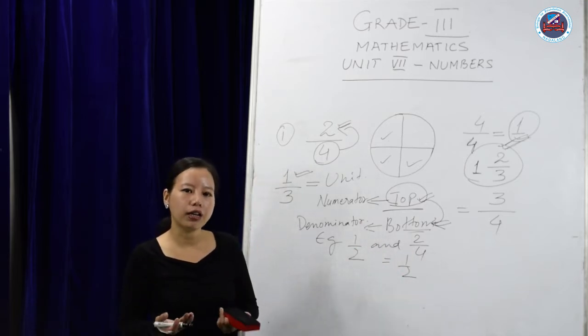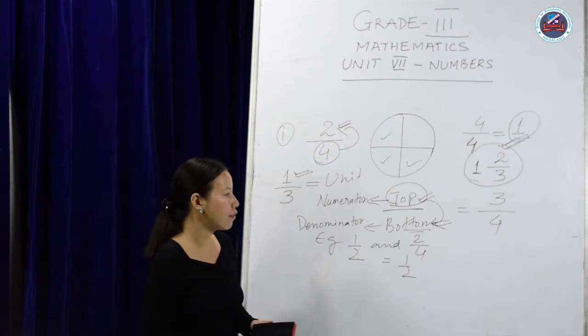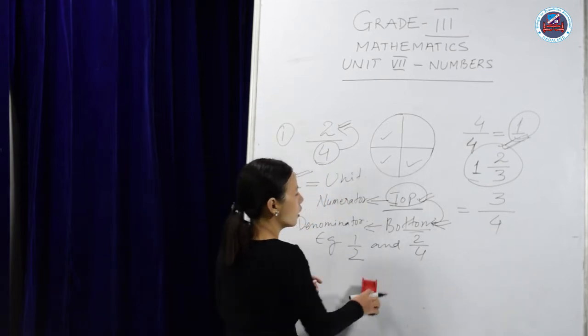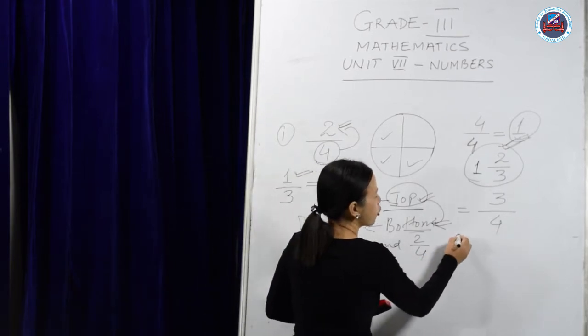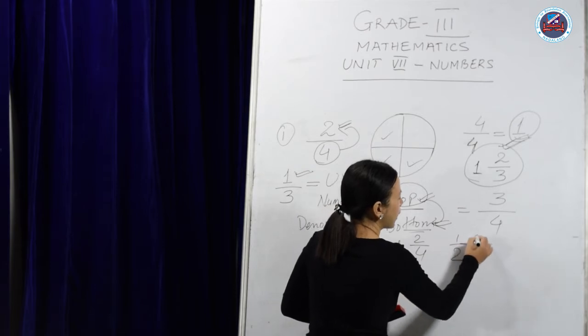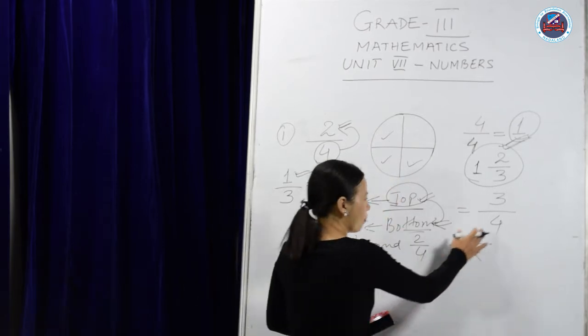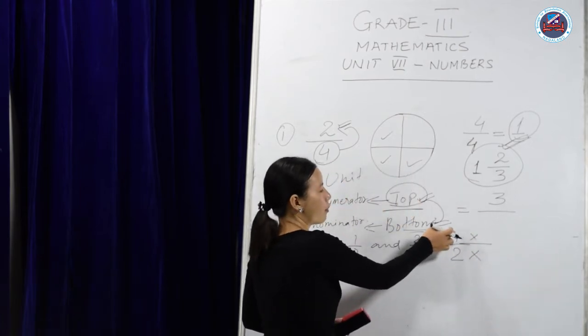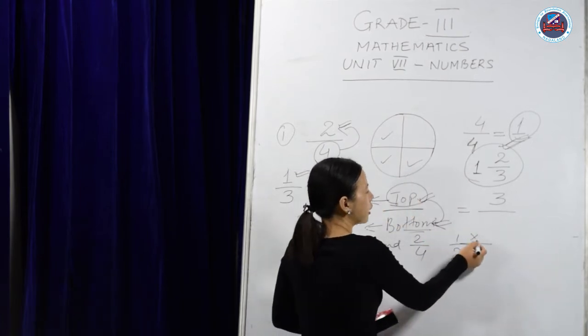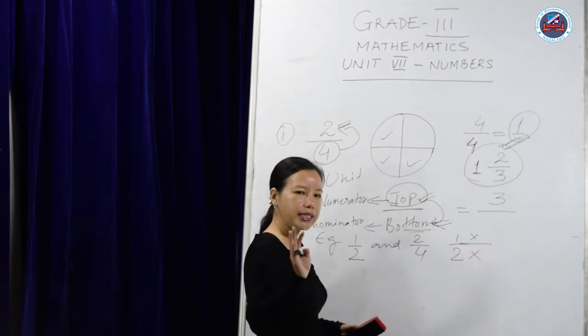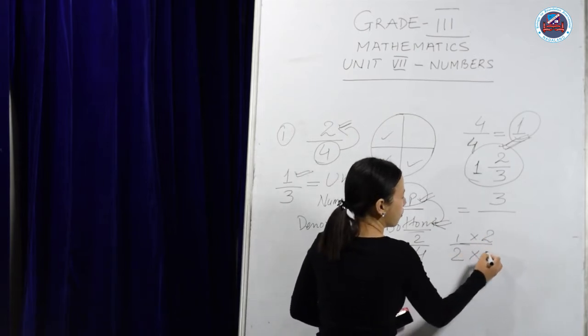And to find an equivalent fraction, what we can do is multiply the top and the bottom number by the same number. For example, I've taken the fraction 1 by 2, right? I'm going to multiply the top and the bottom number by the same number. Let's take 2.